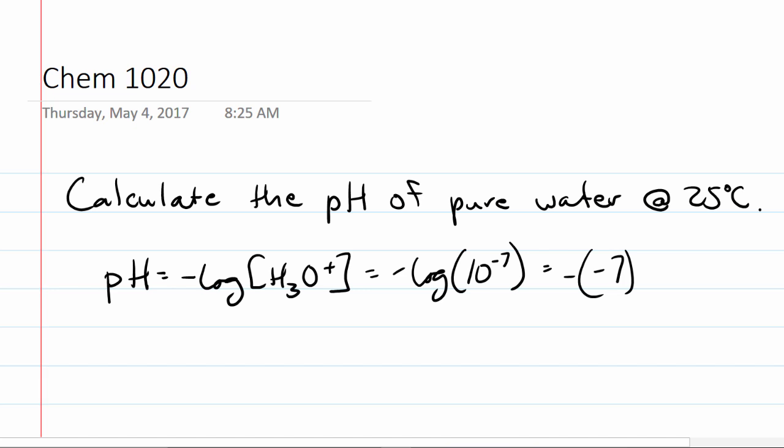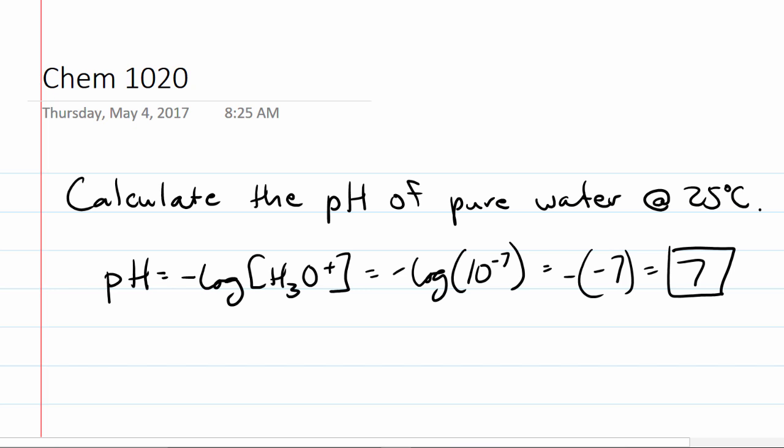So we're going to say it's going to be the opposite of negative 7, which is going to give us a value of 7. And so what is a neutral pH? 7. And that's where that number comes from. So when you've heard or learned of this number of a pH of 7 being neutral for all these years, the reason why it's a neutral pH is because the hydronium ion concentration in pure water at 25 degrees Celsius is 10 to the negative 7th molar.